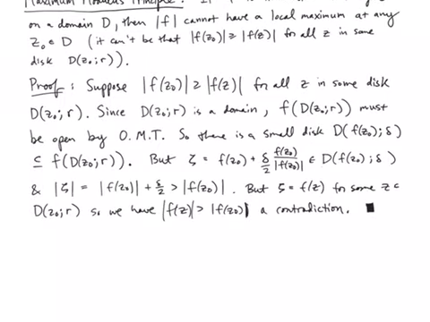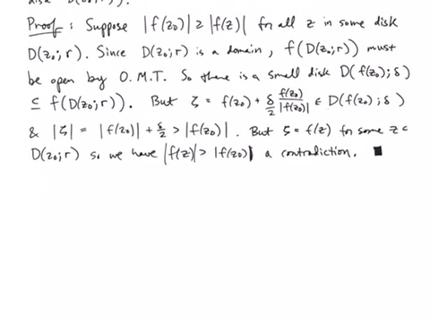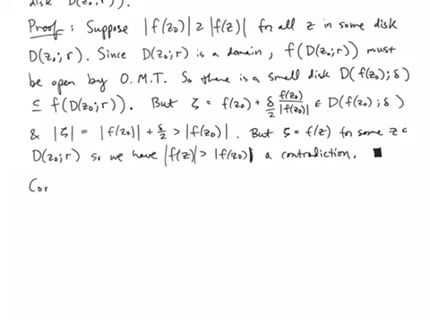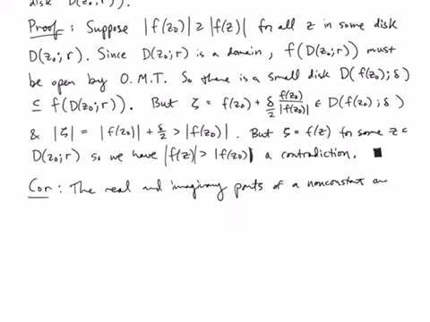As a corollary, we can say something about the real and the imaginary parts of an analytic function. So a corollary is that the real and imaginary parts of a non-constant analytic f in a domain cannot have a local max or min.